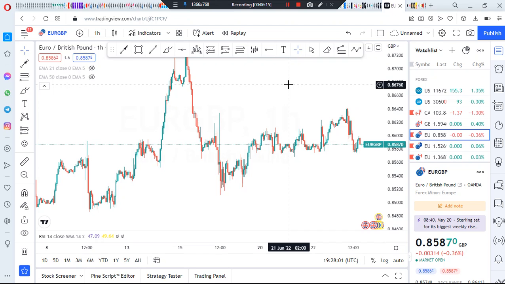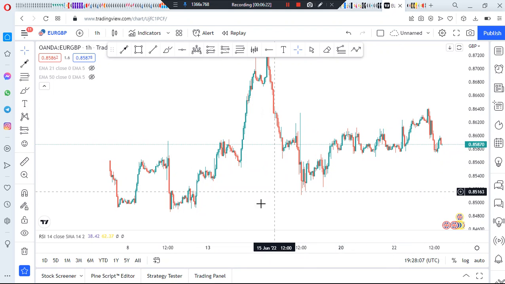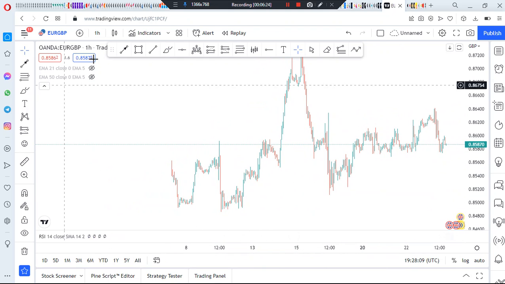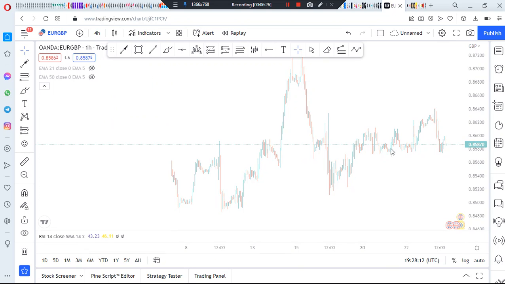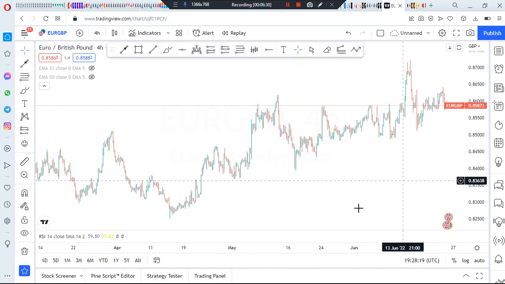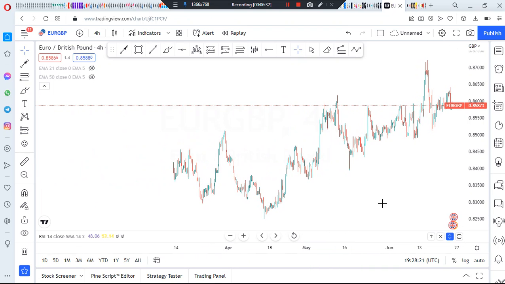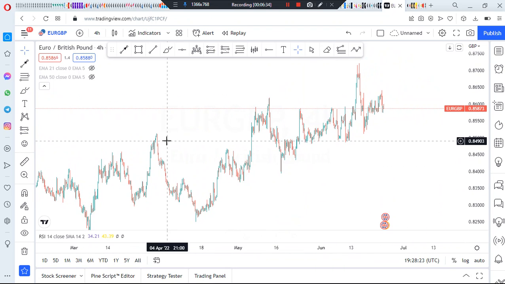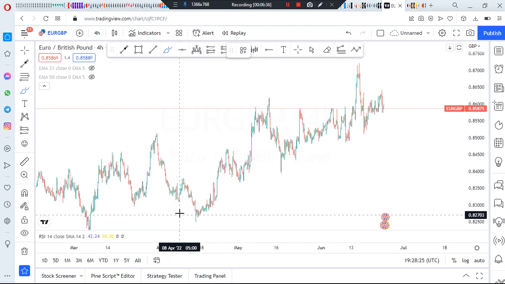Okay, so this is the euro GBP pair. Let's go to the 4-hour time frame. Okay, so we are here on the 4-hour time frame. As you can see, this has been moving to the upside.